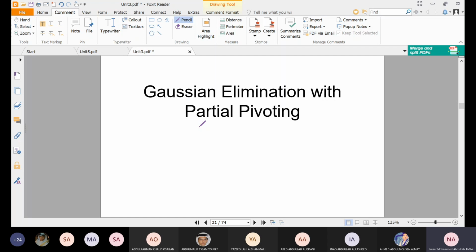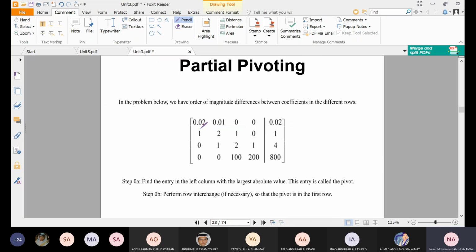If we have the system of the matrix, we look for the maximum value in the first column, the maximum magnitude. Here I have four rows, so I just look for the magnitude, and we need to find the maximum magnitude.